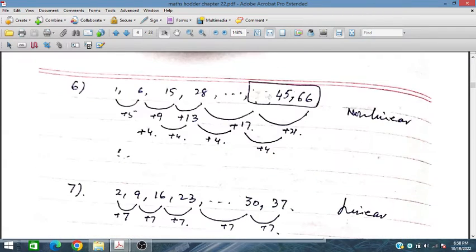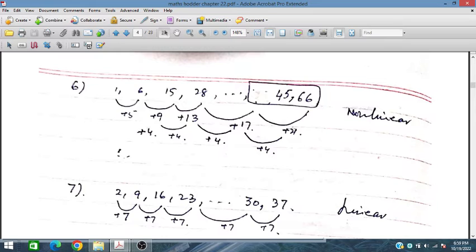Similarly for this one, this is 1, 6, 15, 28, and then we have to estimate the next. So we can see that the difference is 5, here the difference is 9, here 13, here 17. So every time the 4 is increasing.